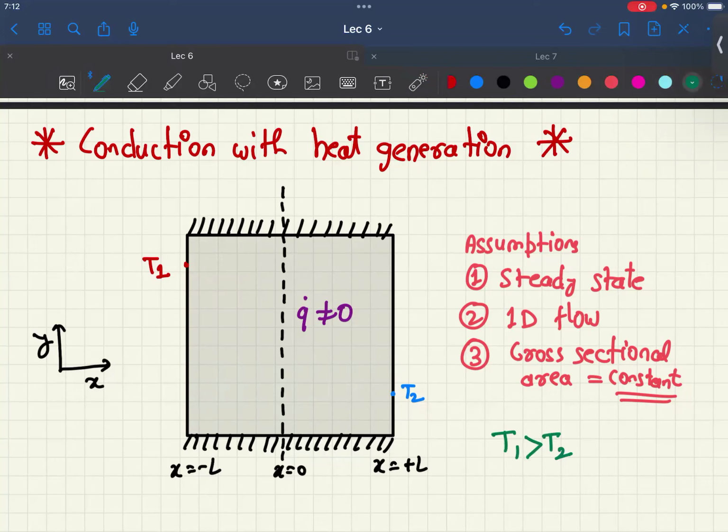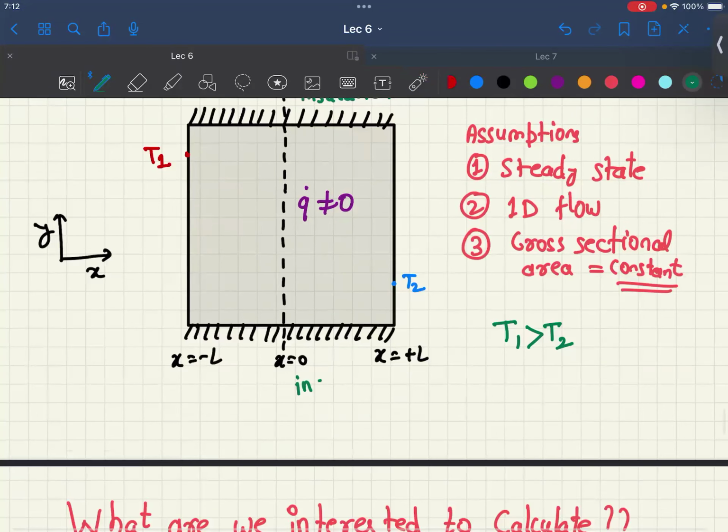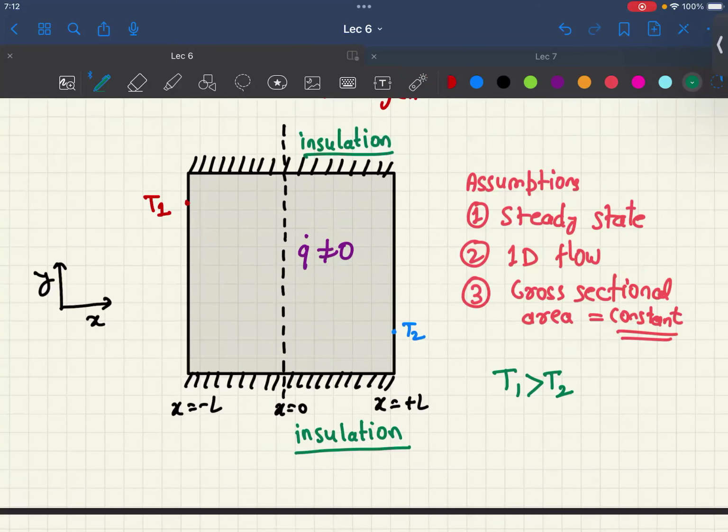And then we are also insulating all the other surfaces, right? So this is insulation. On this side also we are insulating the surface, right?